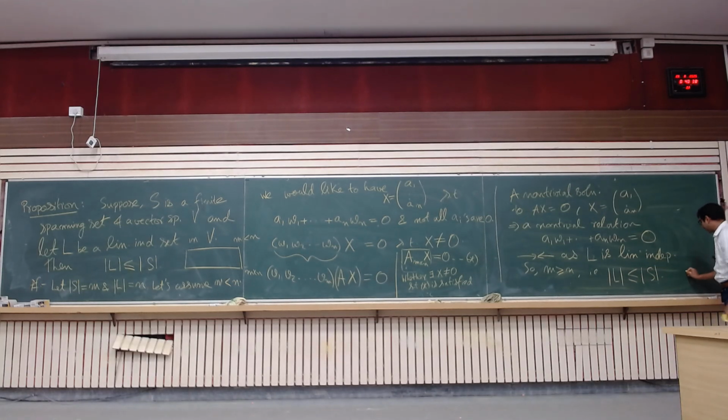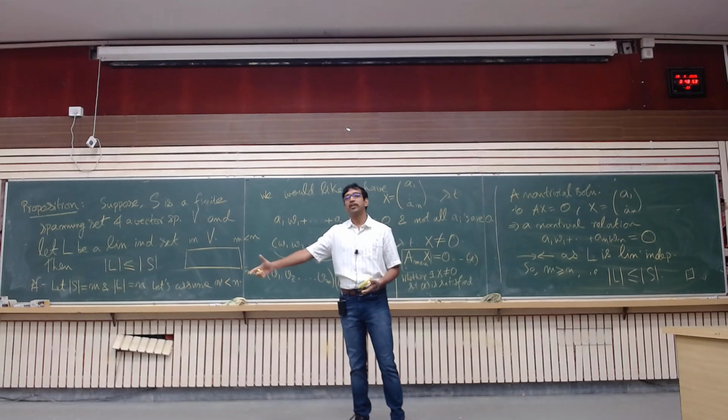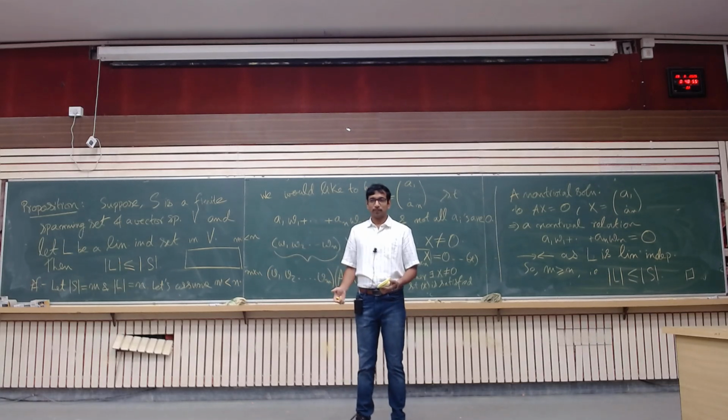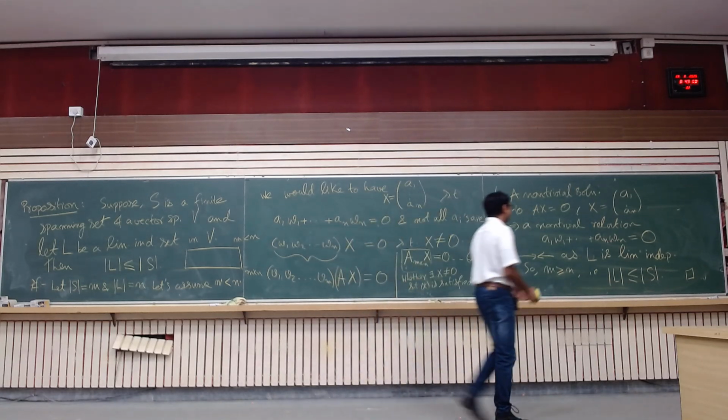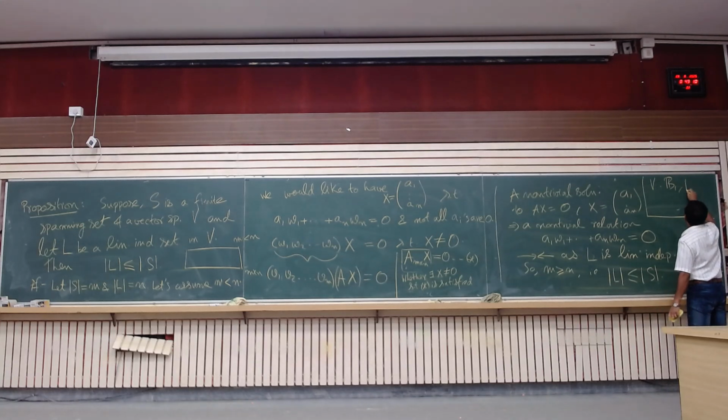And now we are in a perfect situation to say: suppose we have a vector space V with a basis B1 such that the cardinality of B1 is equal to m, and another basis B2 such that the cardinality of B2 is equal to n.